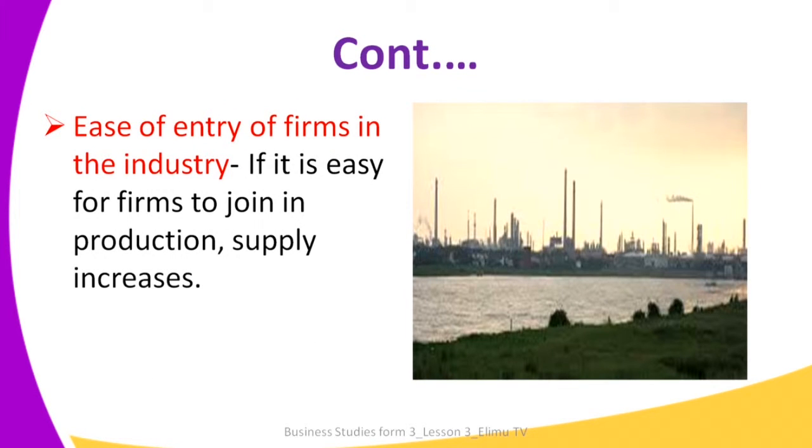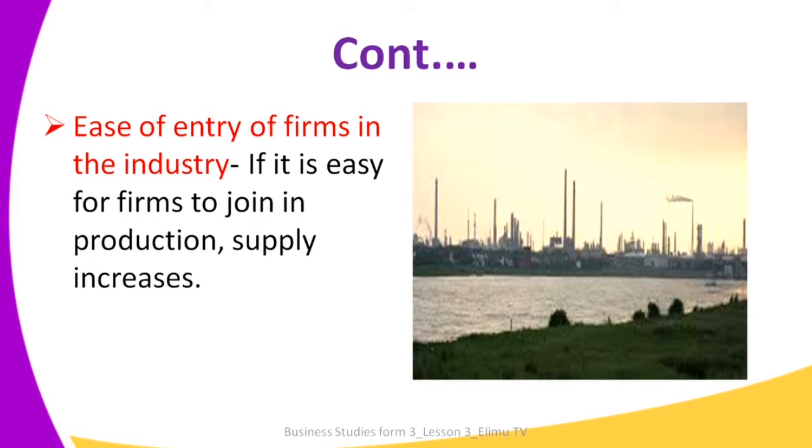And now finally, let's look at the ease of entry of farms in the industry. This is whereby farms can join in the production, and if it is easier for other farms to join in the production of a given product, what will happen is that the supply for that product will increase because it is being produced by many farms.